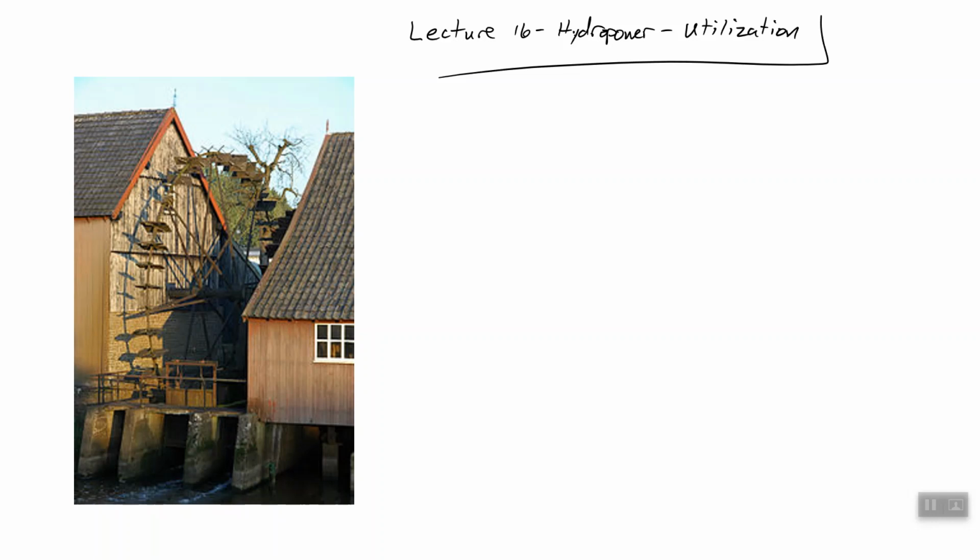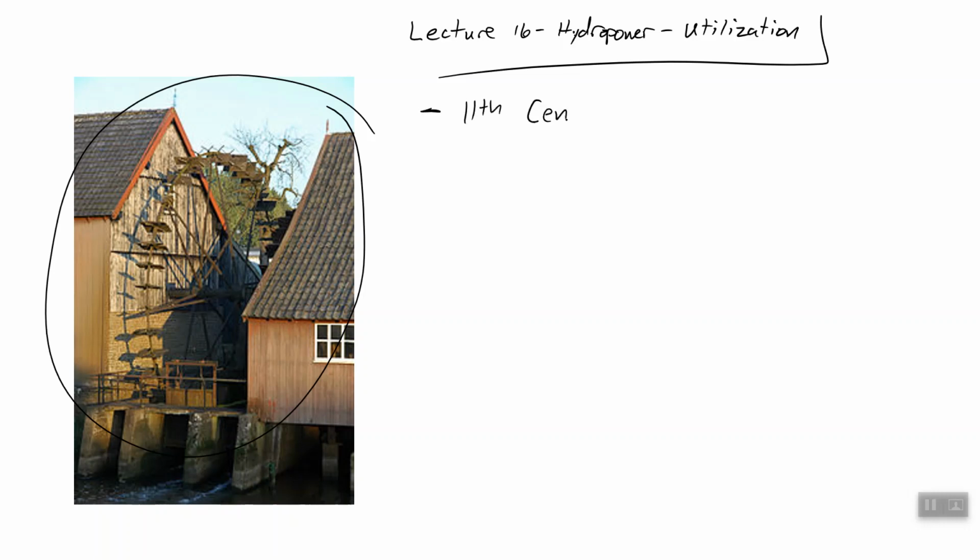Okay, so we're going to start with this image on the left side of your screen. It's a little zoomed in and fuzzy, but it's a water wheel, and it's one that was built in the 11th century. I believe this is in Denmark, and this is, I think, just a recreation, but the point here is to show we've had water wheels around for a long time.